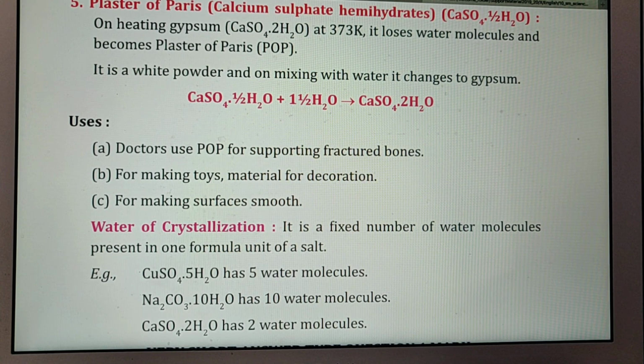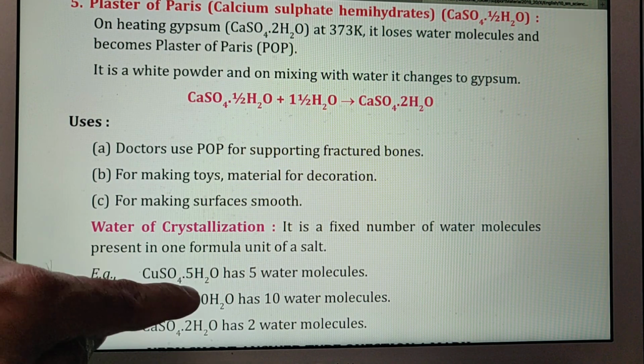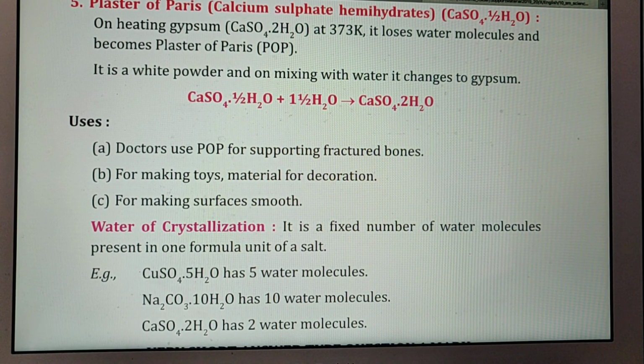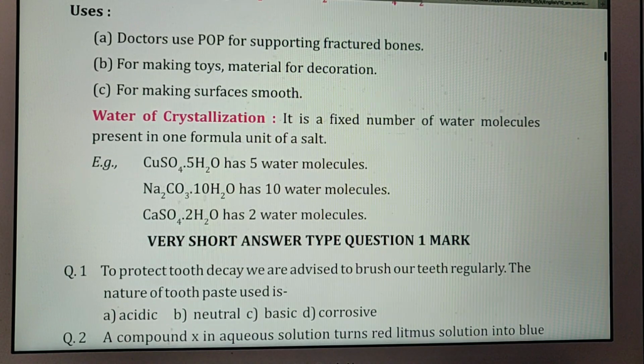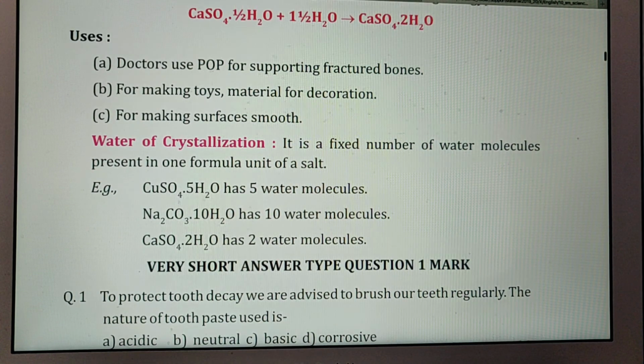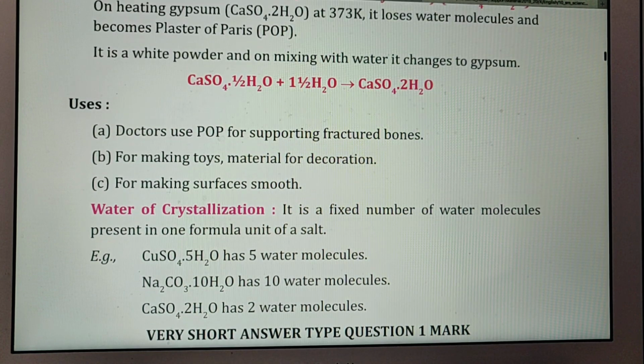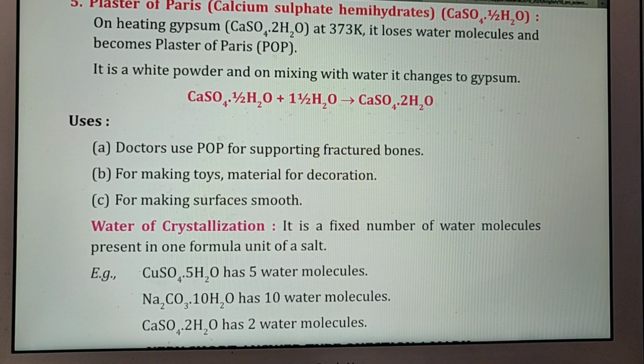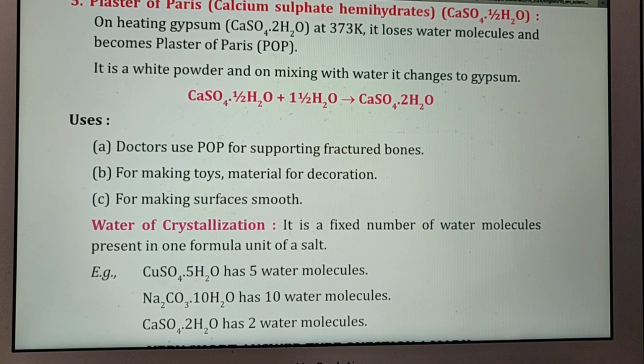All these 5, 10, 2 which are attached with the compound are known as water of crystallization. A fixed number of water molecules present in one formula unit is called water of crystallization. So with this I finish my lesson.